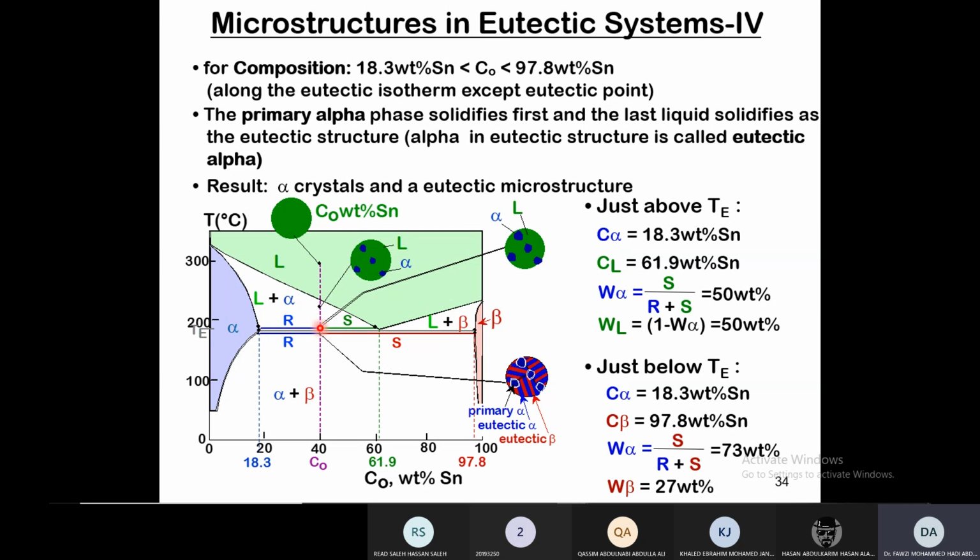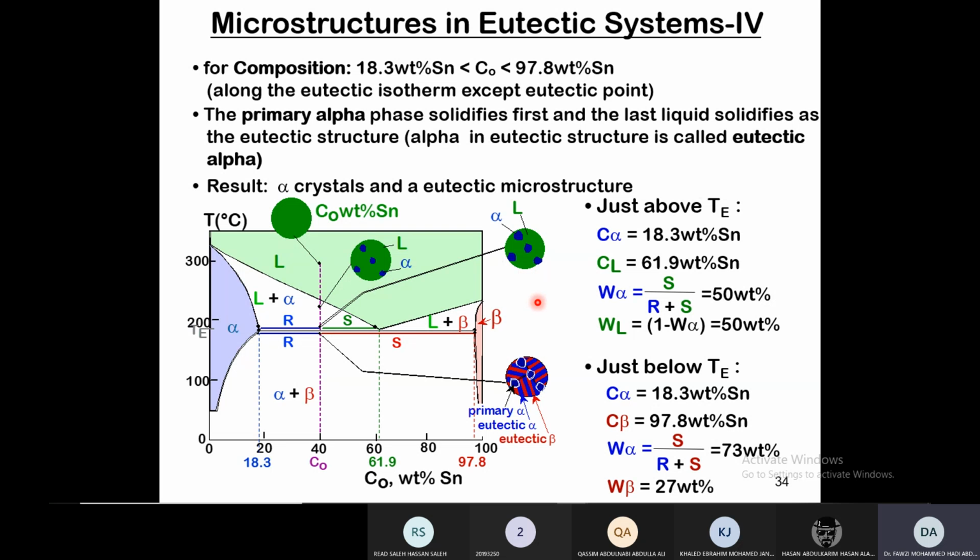Once you cool down just below the eutectic isotherm, this alpha primary phase remains, because its transformation is already done there, it's a solid.